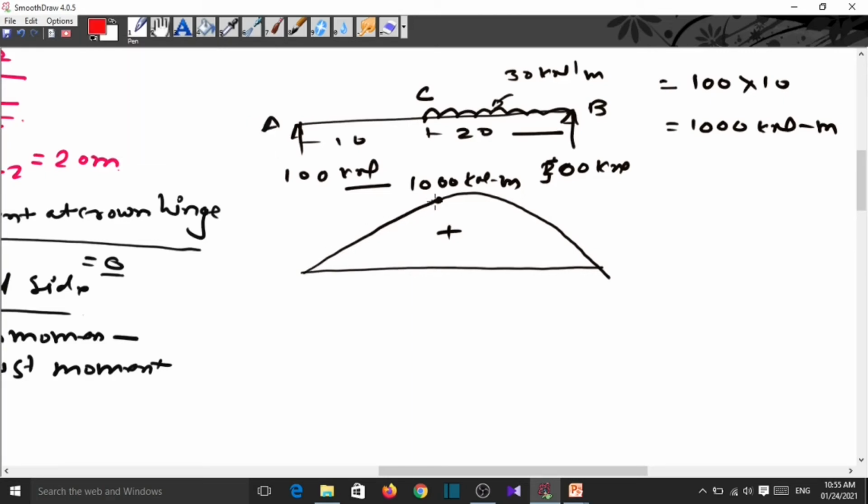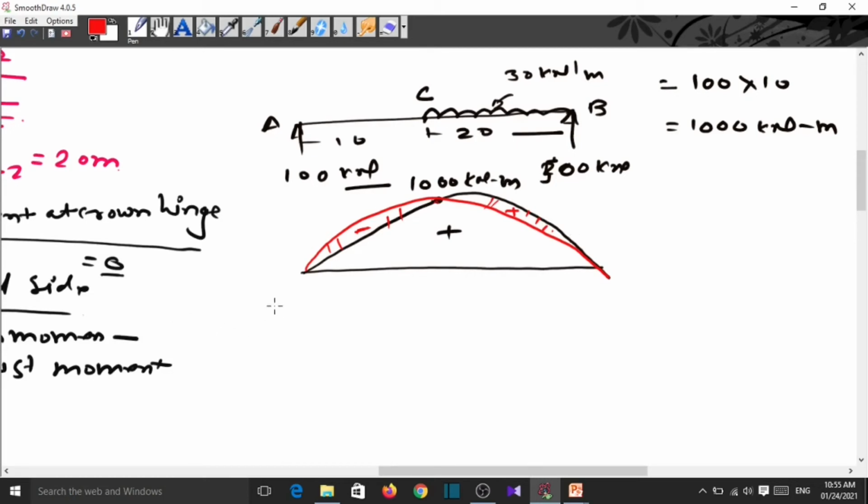We know that at the hinge the bending moment is 0, so that is like this. So this is a negative diagram, so this part is negative and the part above the line is positive. So we got here negative bending moment is on the left side. So this portion is the negative and this portion is the positive.